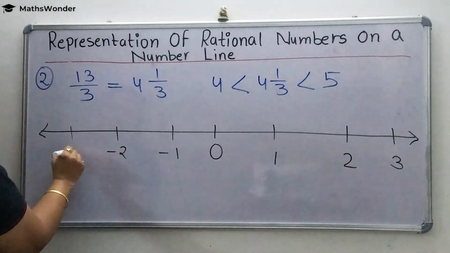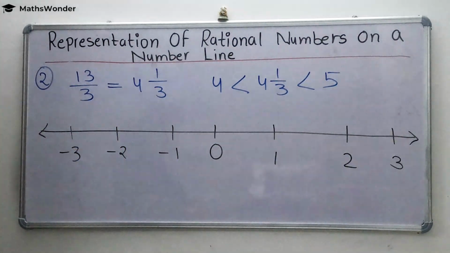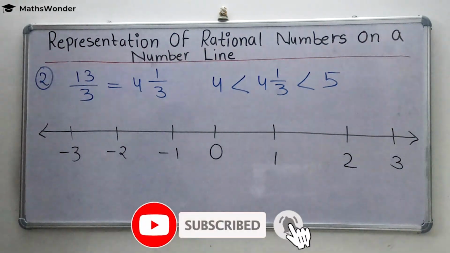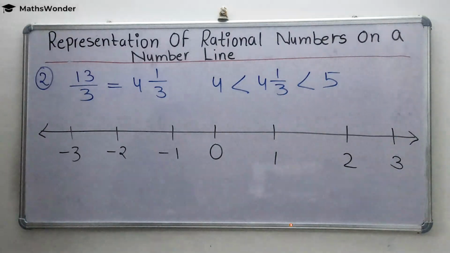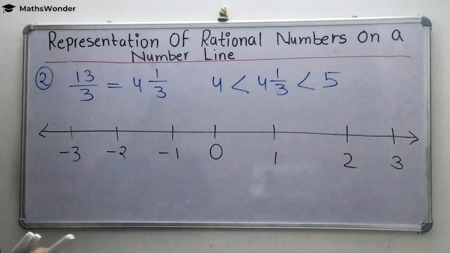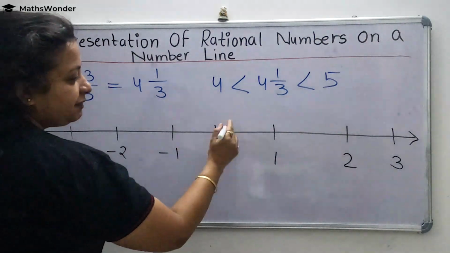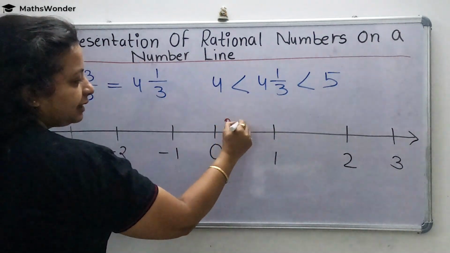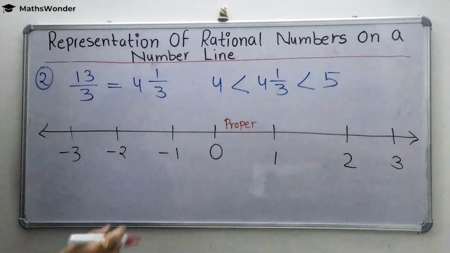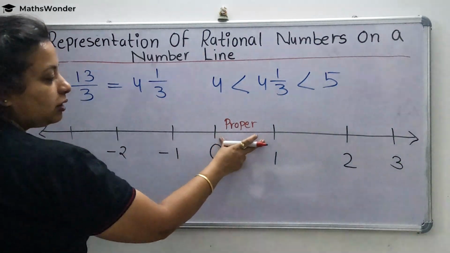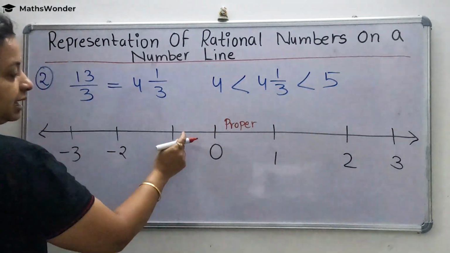Which two numbers do positive proper fractions lie between? Proper fractions lie between this portion, as we have discussed in the fraction topic. So proper fractions always lie between this part, okay?